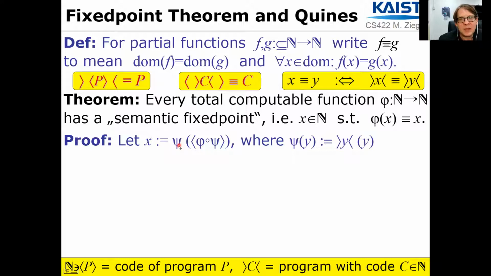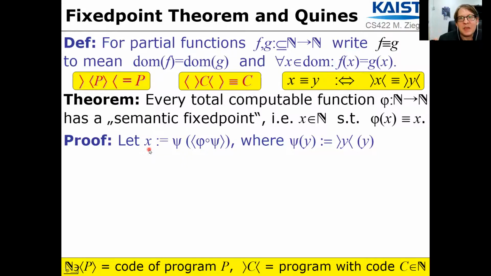Okay, and now let's compare that with phi of x. What is phi of x? Phi of x is phi of this. What is phi of this? It means execute the program phi after psi on the code of phi after psi. Now, if you've listened carefully, this is exactly what I've just said for x.